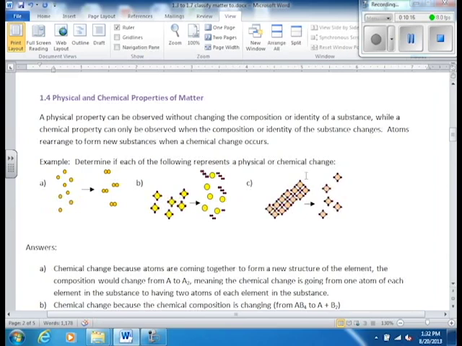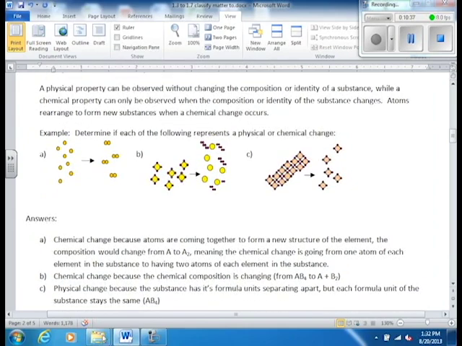This is like a solid going to a gas phase. Notice I did not change the composition. It's still A1, 1 pink, and B4, 4 maroons, AB4. We didn't change the identity, we just changed the phase from solid to a gas. So that would be a physical change.